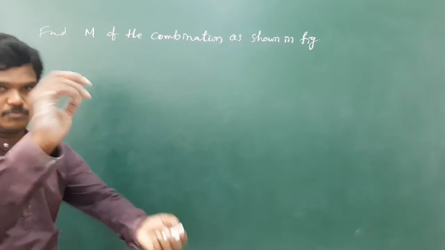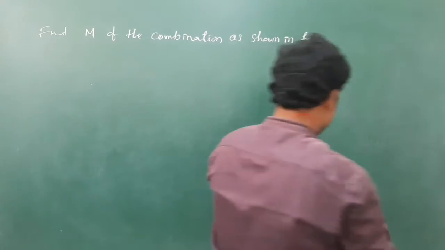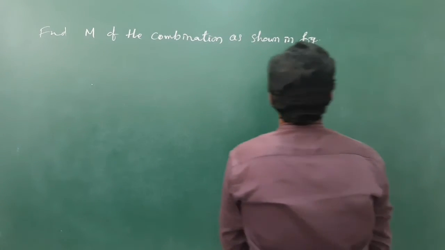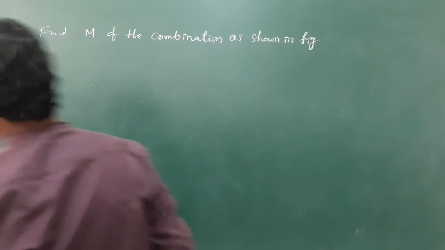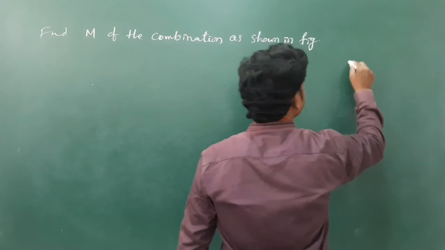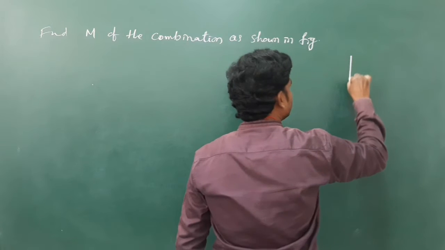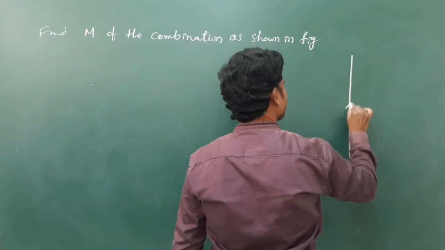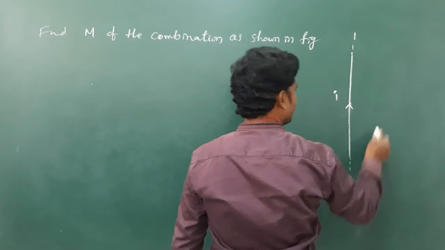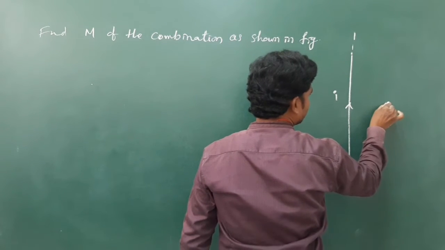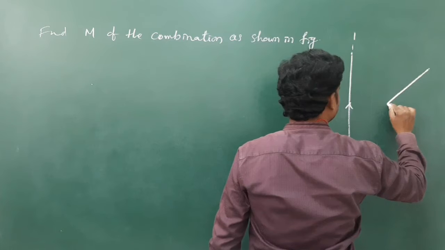Now I am going to cover one more problem. See, it is given like this. One is a straight wire, the other one is triangular in shape. One is an infinite wire that carries current I. Another one is given like this, triangle in shape.